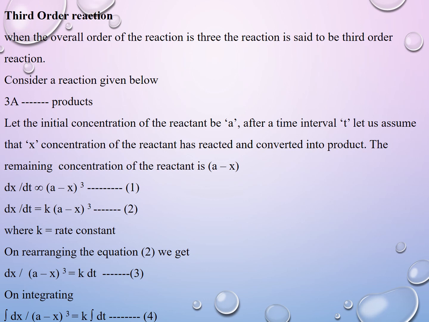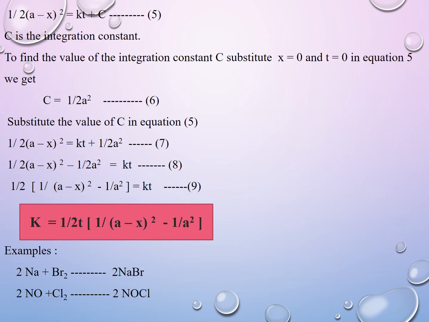So now on integration we get 1 by 2 into (a minus x) the whole square is equal to kt plus c, where c is the integration constant. To find the value of c, we substitute x is equal to 0 and t is equal to 0 in equation 5.